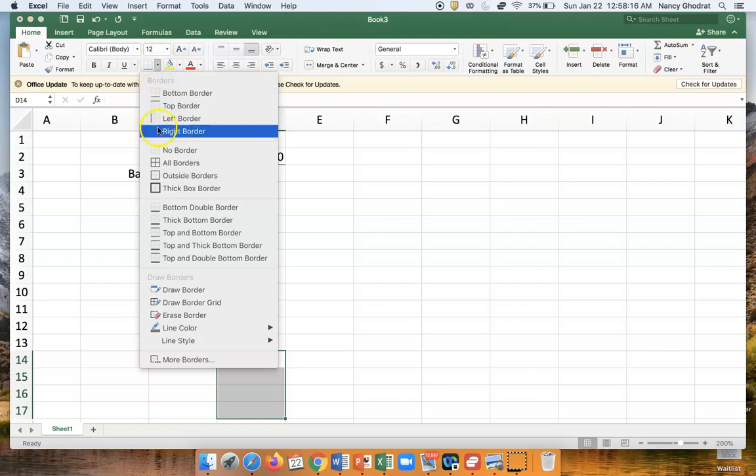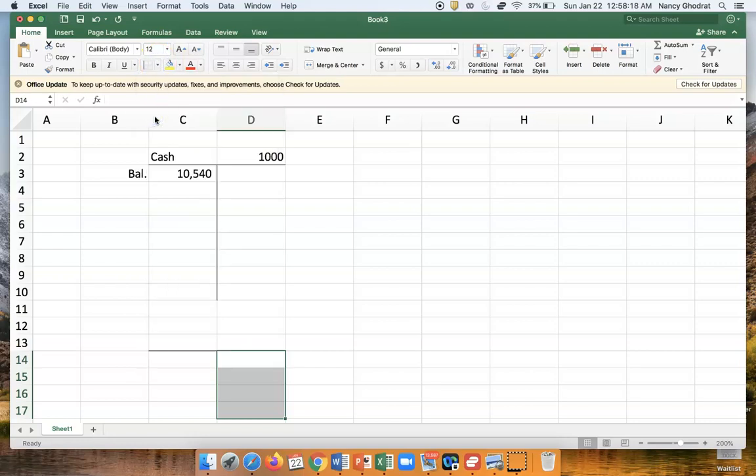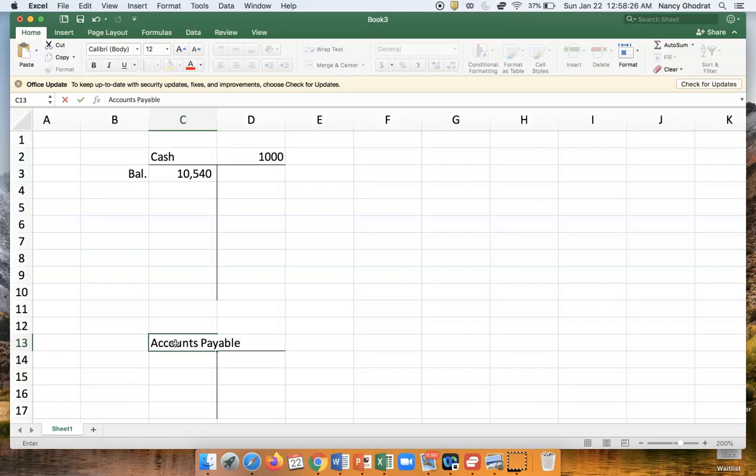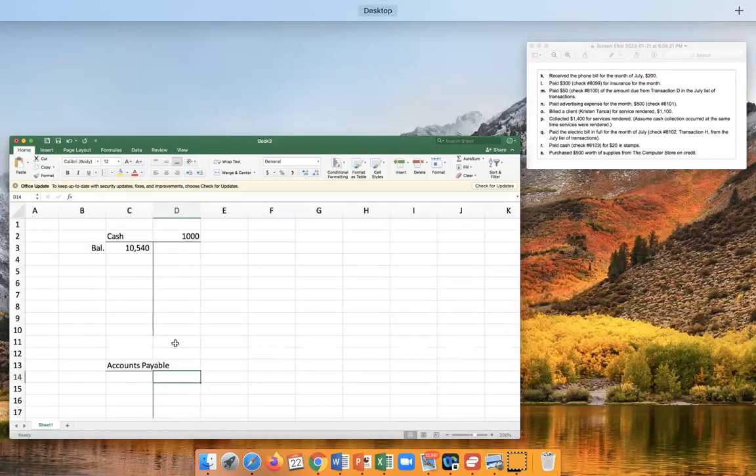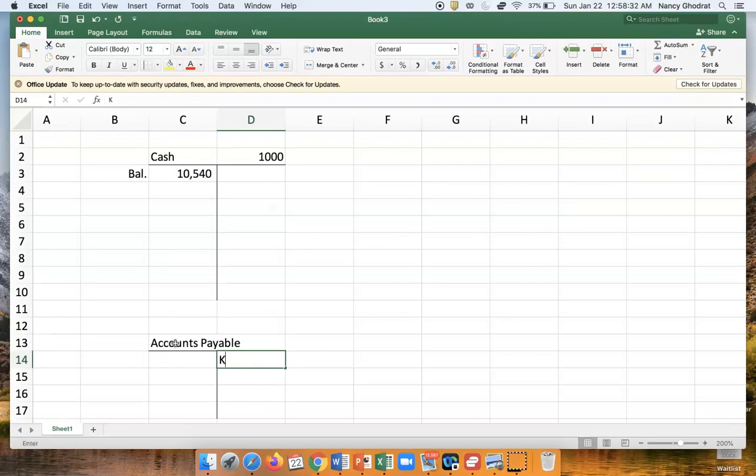And we have to remember the rules of debit and credit. For liabilities, in order to increase them, we have to credit the liability. That's why for transaction K, we're going to write the K and the $200 on the credit side. Accounts payable has an account number, which I didn't write.